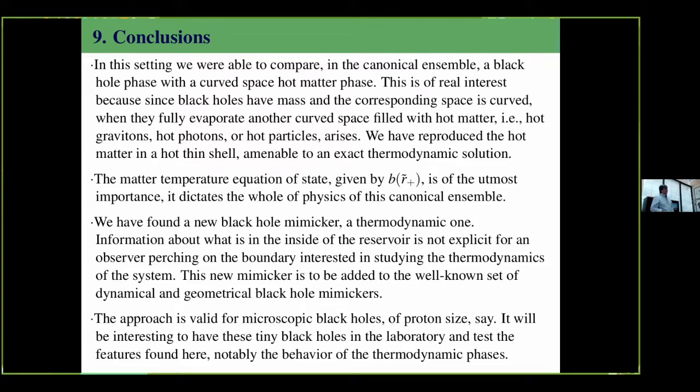We have found a new black hole mimicker, now a thermodynamic black hole mimicker. Information about what is inside the reservoir is not explicit for an observer on the boundary, on the heat reservoir itself, studying the thermodynamics of the system. And of course, this mimicker is to be added to the well-known set of dynamic and geometrical black hole mimickers.